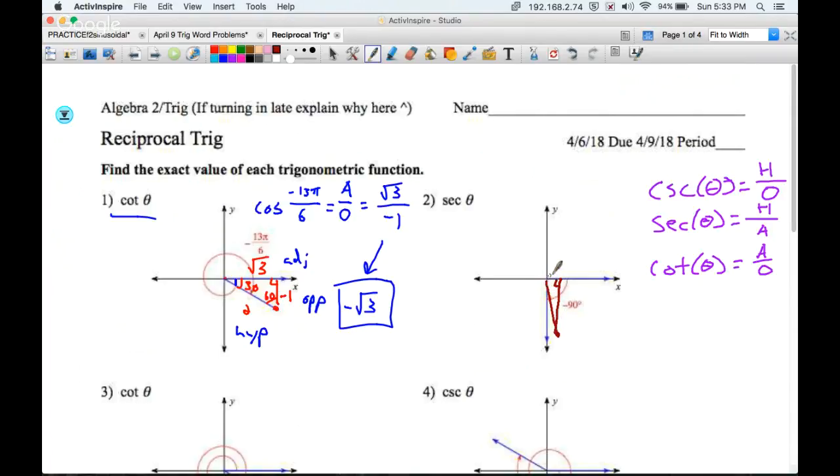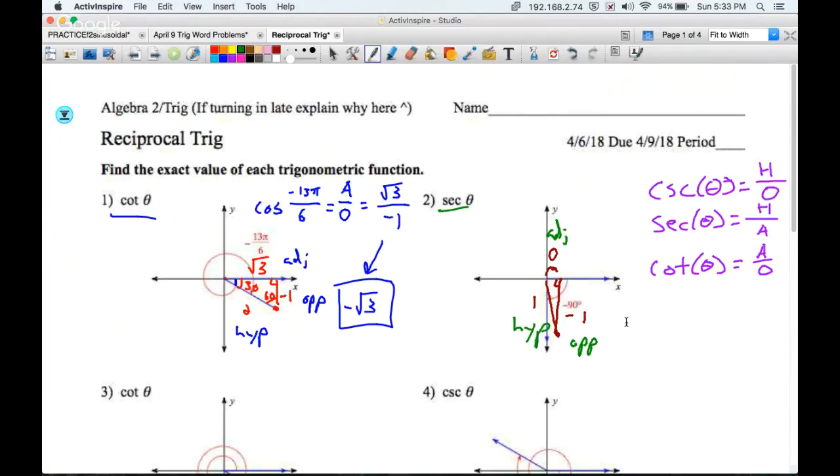But then to make sure that this line is actually lining up here, I make this length here equal to 0 units. The hypotenuse, always positive, is 1. The opposite here is going to be negative 1, though, because it went down from the x-axis. Let's label this up. We've got the opposite here, the adjacent here, the hypotenuse here.